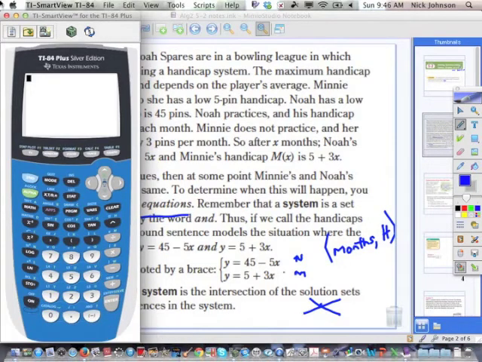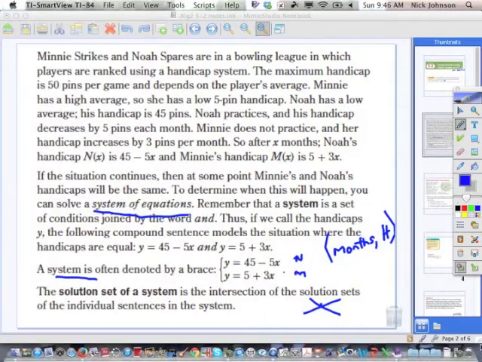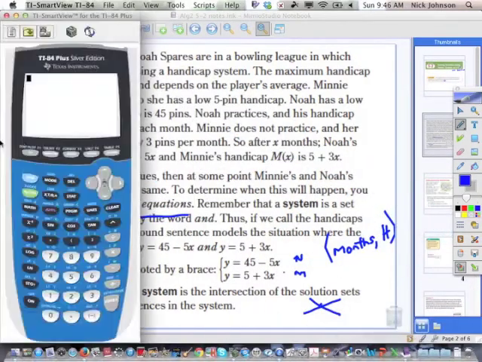And for some reason my calculator is not working. Okay, 45 minus 5x, and then 5 plus 3x.